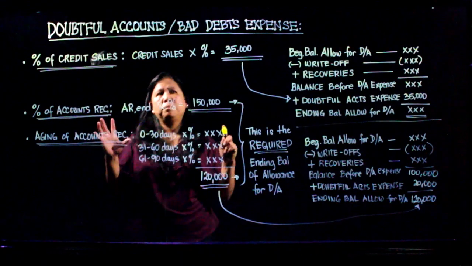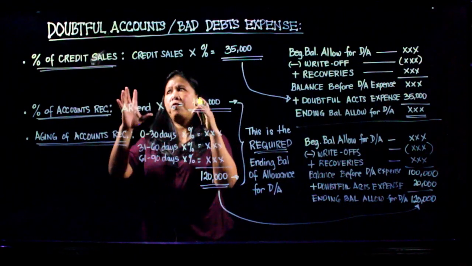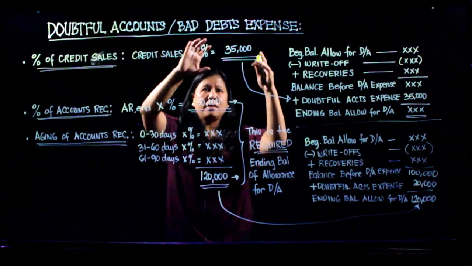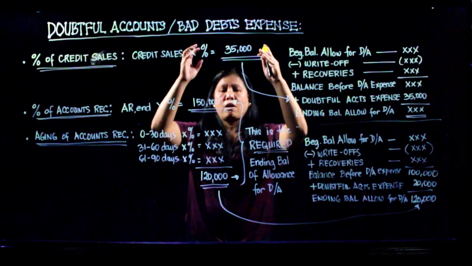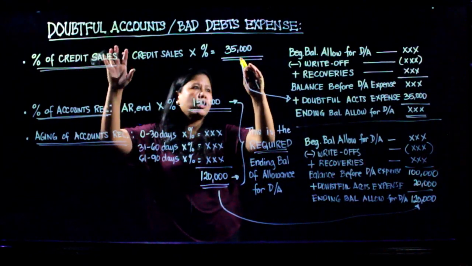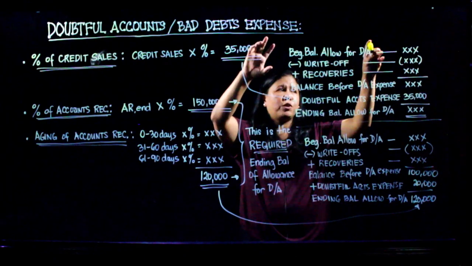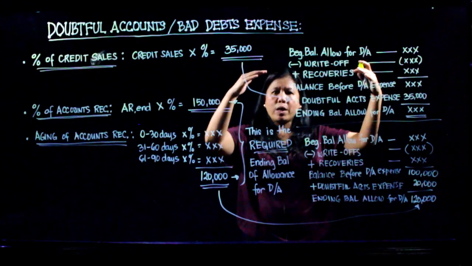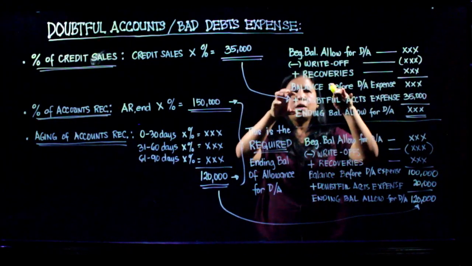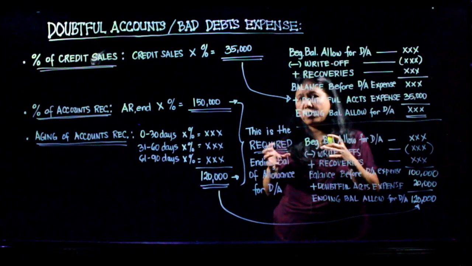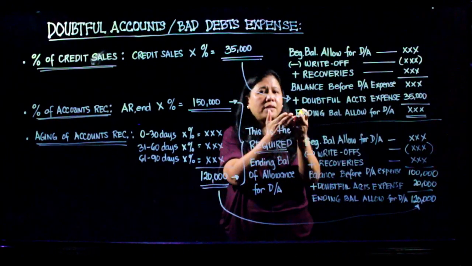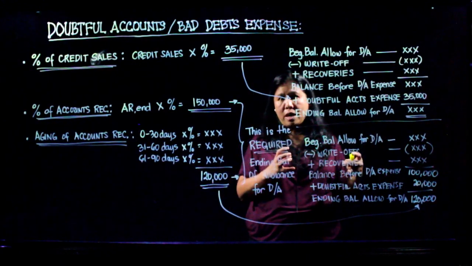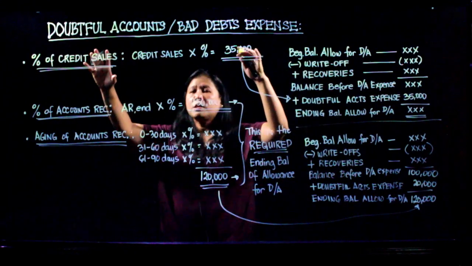Now, the amount that we get from multiplying that percentage by the credit sales is already your doubtful accounts expense for the year. So from the beginning balance of allowance for doubtful accounts, we subtract all of our write-offs and add our recoveries. Then we have our balance before our doubtful accounts expense. Then we add our doubtful accounts expense to get our ending balance of our allowance for doubtful accounts. This is using this method.